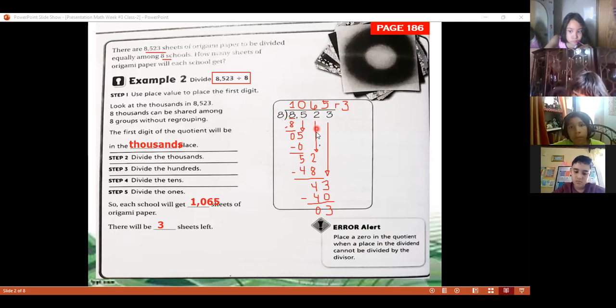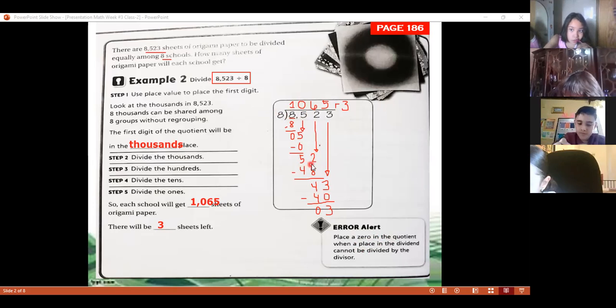We continue with the next digit, that is number 2. And we have 52 now. 52, yes, it can be divided by 8 because 8 times 6 is 48. 52 minus 48 equals 4. Now we go with the last step, step number 5, to divide the ones.